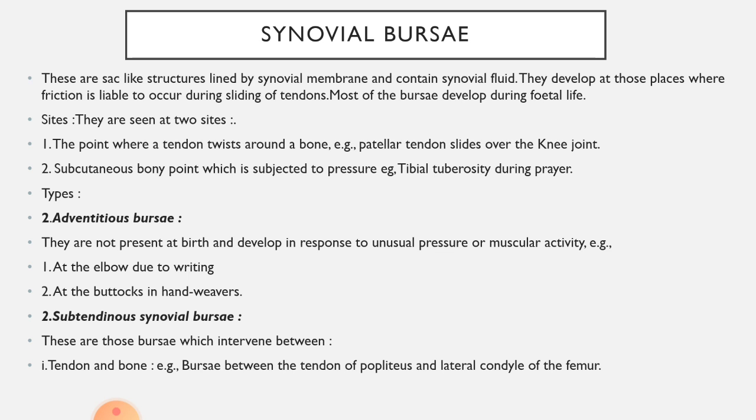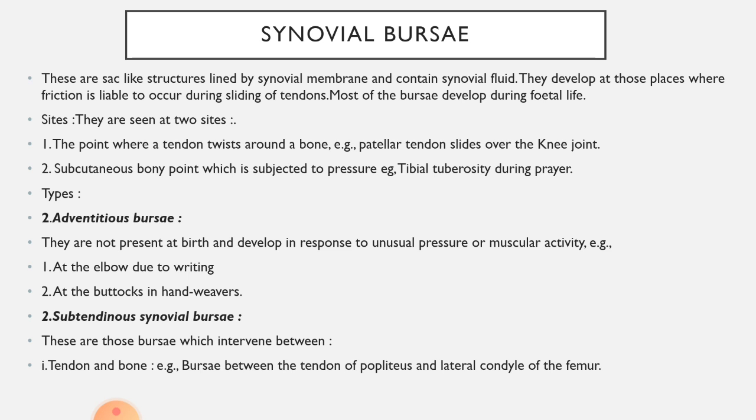They are found at the point where a tendon twists around a bone, for example the patellar tendon sliding over the knee joint. The patella is the bone known as the kneecap, and you can feel it on the anterior aspect of the knee joint.